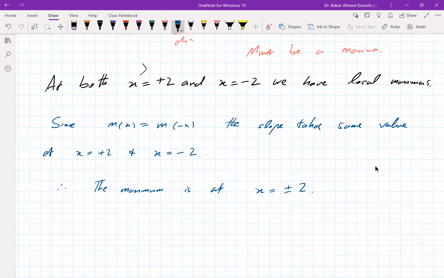Sir, how do you know that the slope is an even function? Let's look at this one.